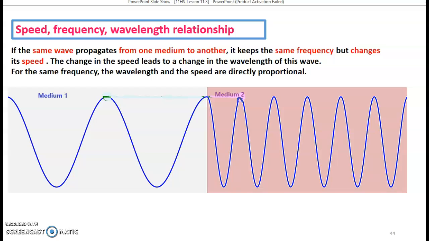The change in the speed leads to a change in the wavelength of this wave. For the same frequency, the wavelength and the speed are directly proportional. So, as the wave propagates from one medium to another, the speed changes. If the speed increases, then the wavelength increases. If the speed decreases, the wavelength decreases.